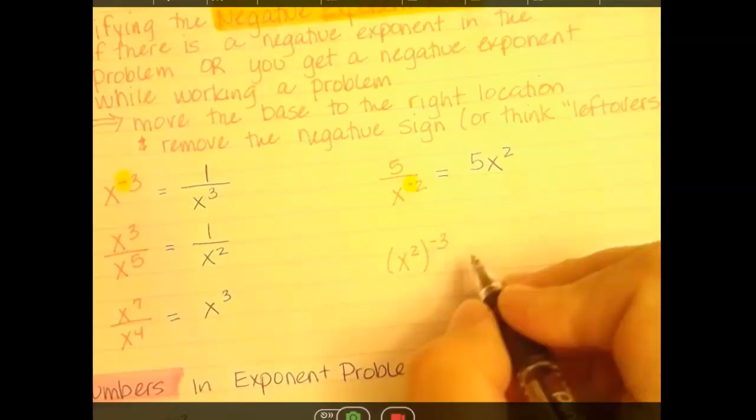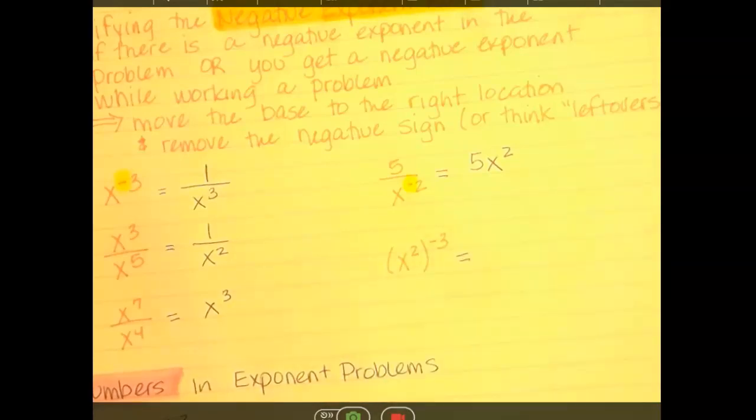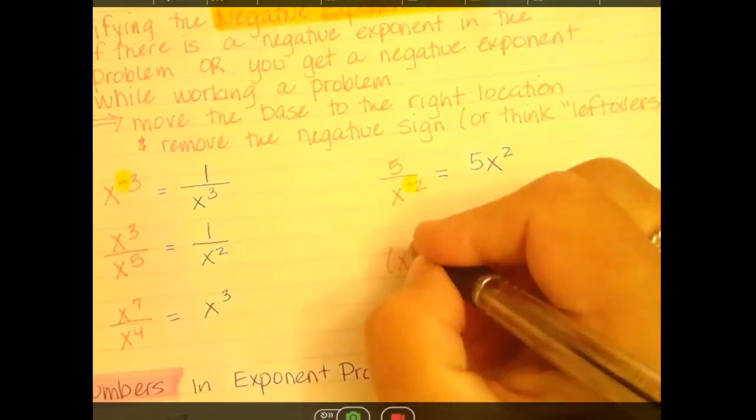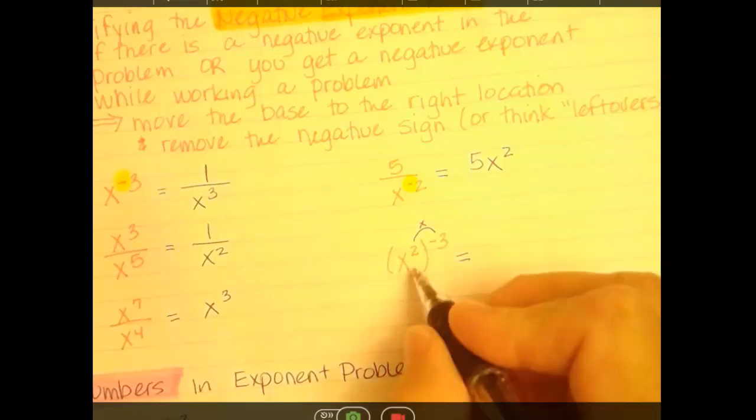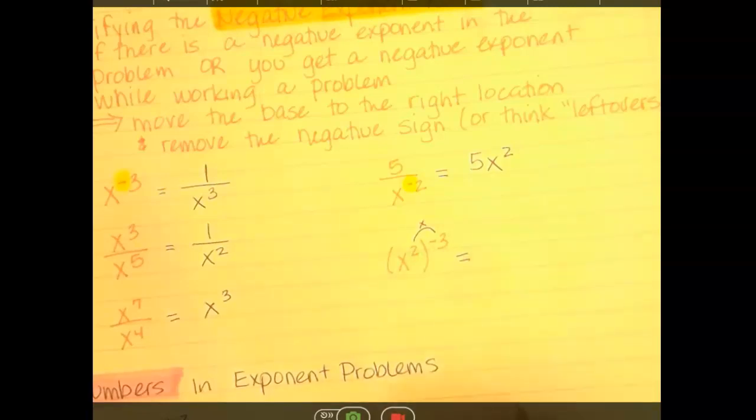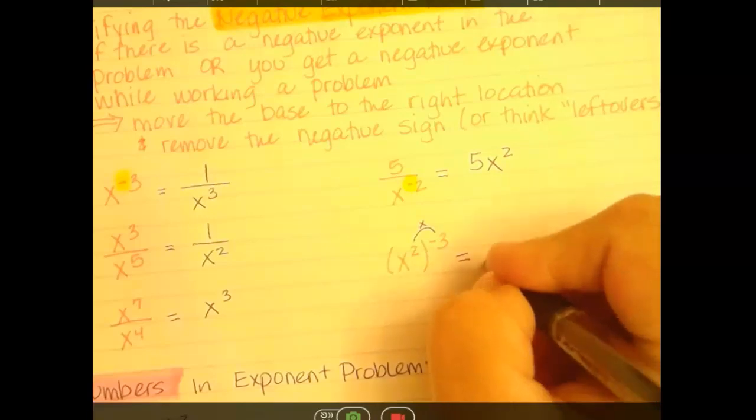Okay, so now we got another example. X squared to the negative 3 power. So this is a power rule problem where we would have to multiply the exponents together to come up with the new exponent, right? 2 times negative 3 is negative 6. So technically we get x to the negative 6.